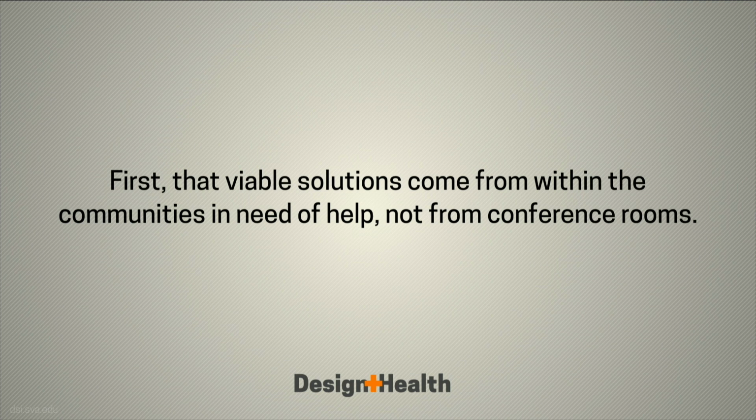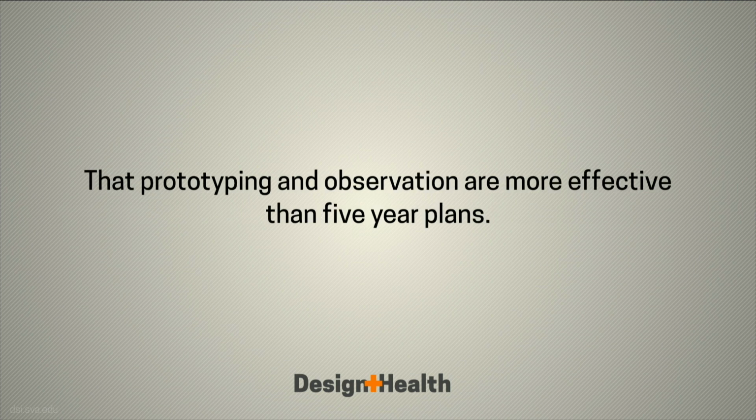First, that viable solutions come from within the communities in need of help, not from conference rooms. That we can't know what it's like to have the challenges we want to alleviate, and that only the people who do know what will work. That prototyping and observation are more effective than 5-year plans.